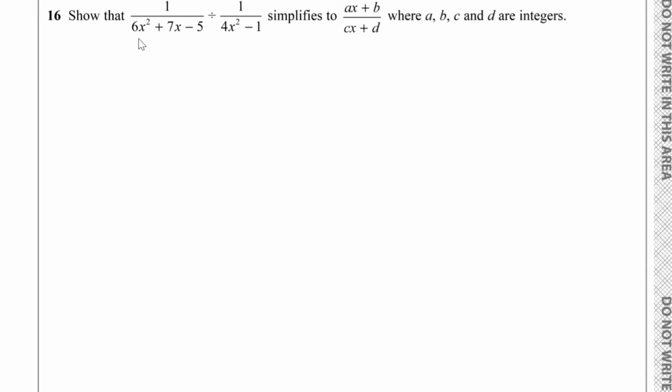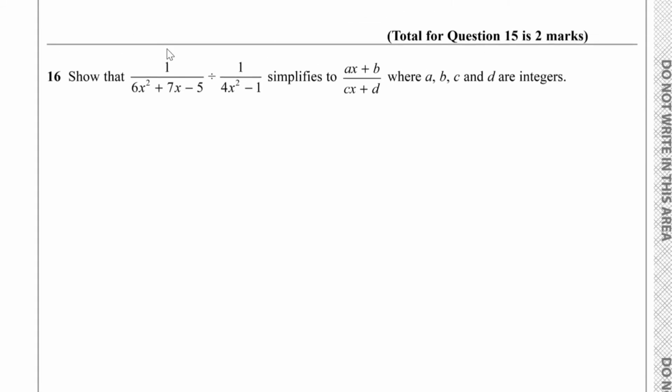Question 16, we have to show that 1 over 6x squared plus 7x minus 5 divided by 1 over 4x squared minus 1 simplifies to ax plus b over cx plus d, where a, b, c and d are integers. Well, before we do anything else, what we can do is flip the second fraction and change the divide sign to a times.